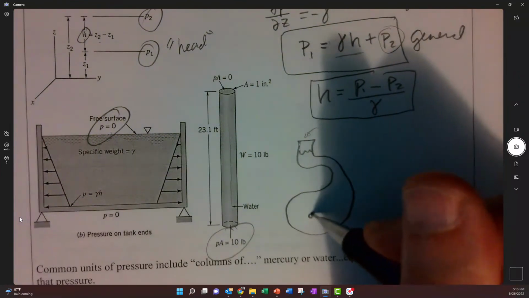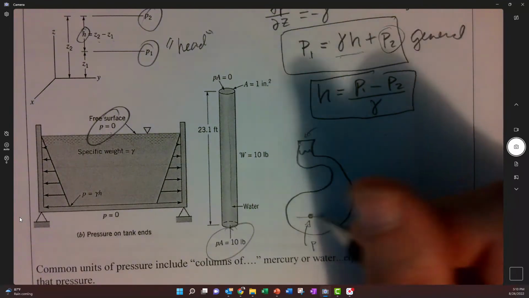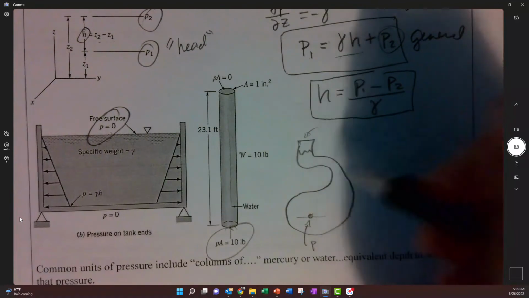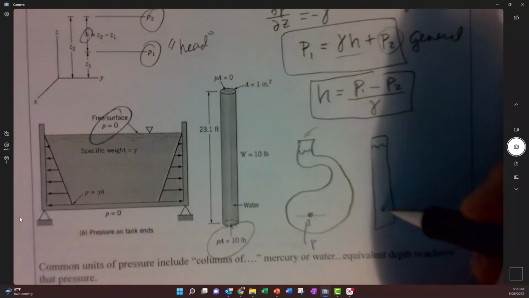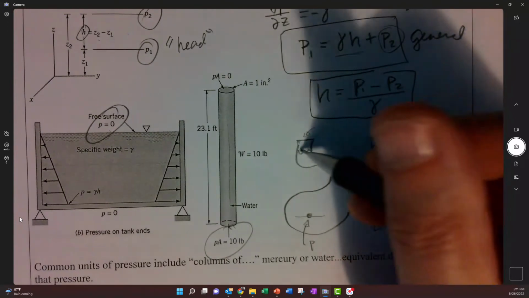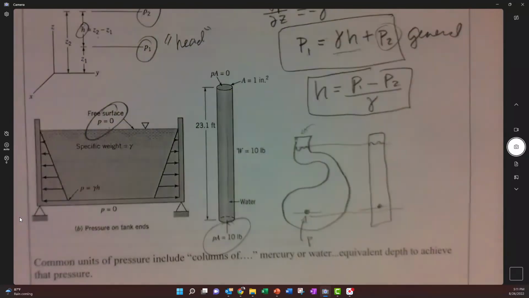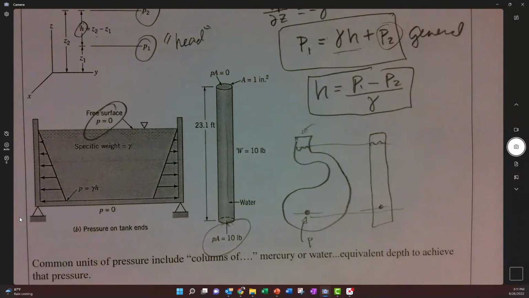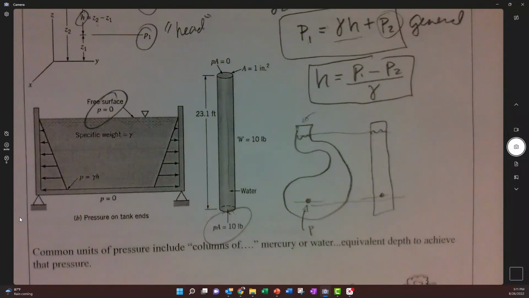If I had a pressure point right there, the pressure at that point, because of all the water above it, wouldn't be any different than if I had a column of the same height. If this head level were the same, we would get the same pressure right in there. So bear that in mind when we're looking to establish what the pressure head is on something.